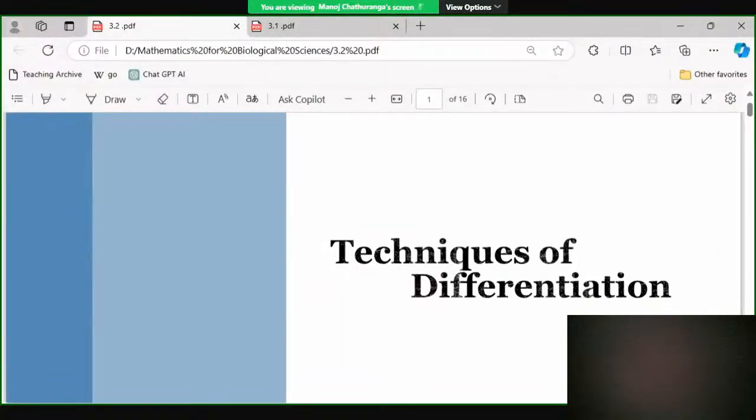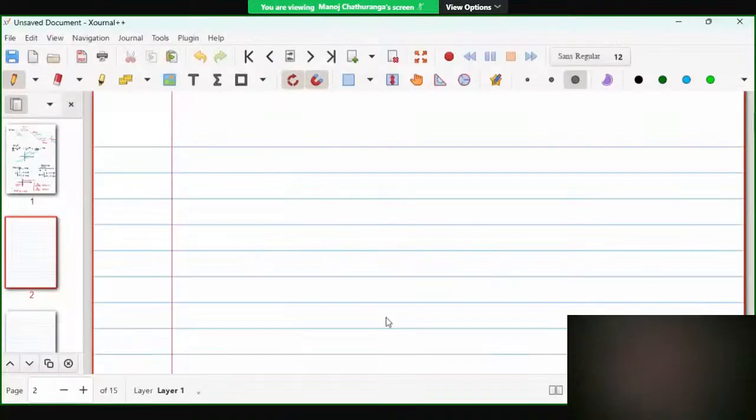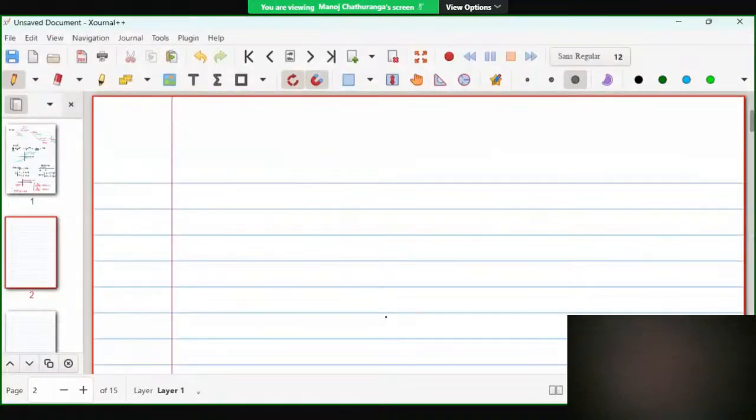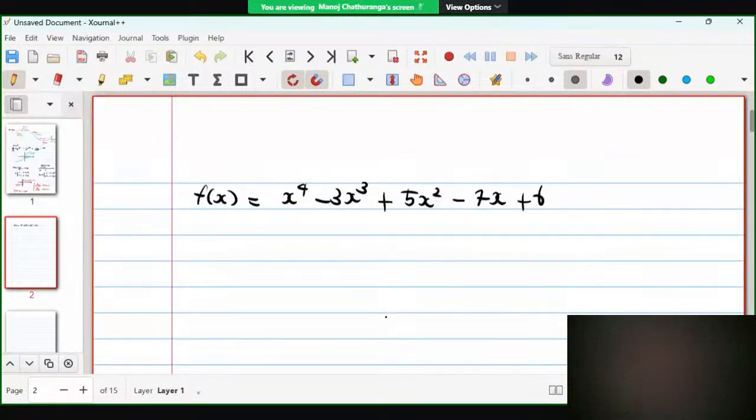Now imagine a complicated polynomial, something like x to the power 4 minus 3x to the third power plus 5x squared minus 7x plus 6, something like this.